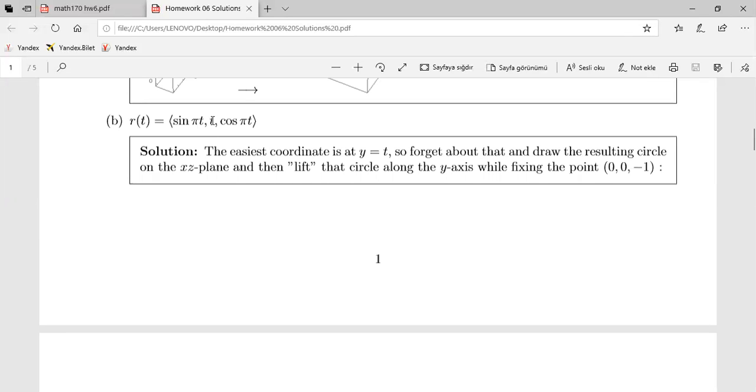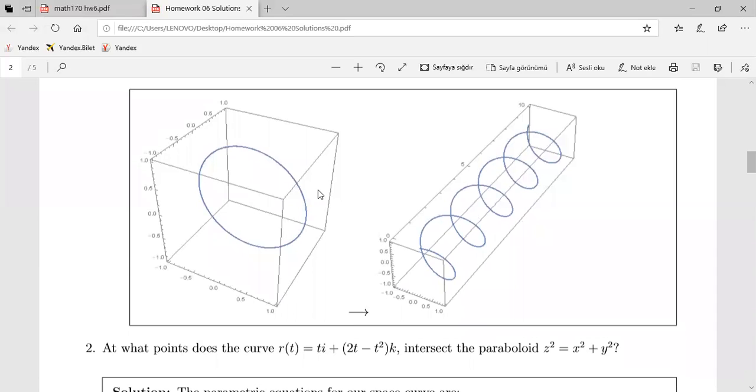If we fix the second component, so if we fix t or y, we see that x squared plus z squared equals 1, which is the circle whose center is the origin and the radius is 1. So when we fix the second component, we have a circle. So we have a shape of this form.